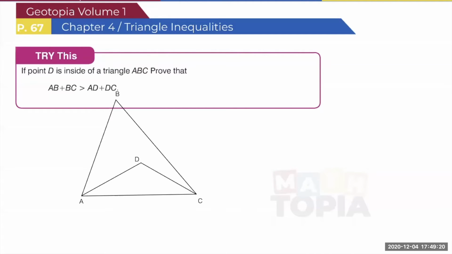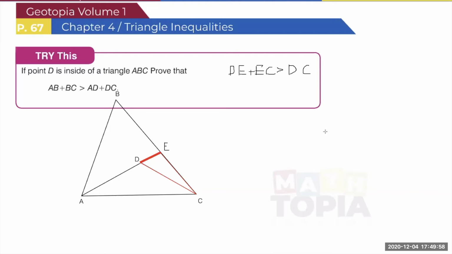So we might try extending AD to point E. And from this triangle, we get from the triangle inequality that DE plus EC is greater than DC.